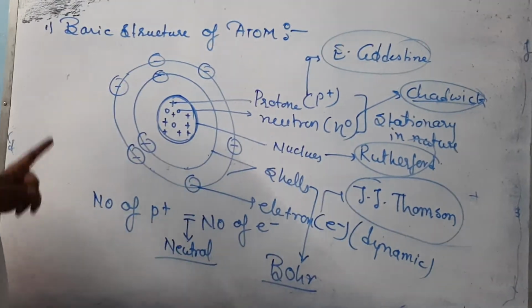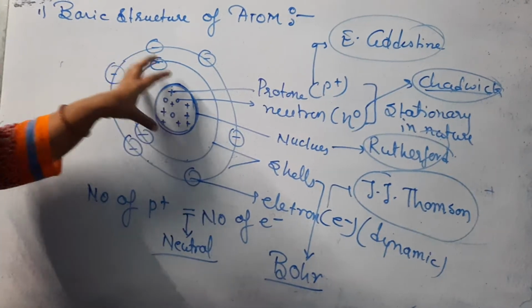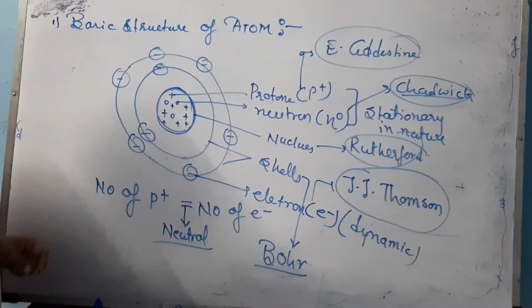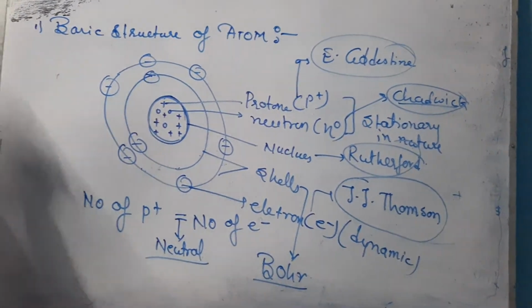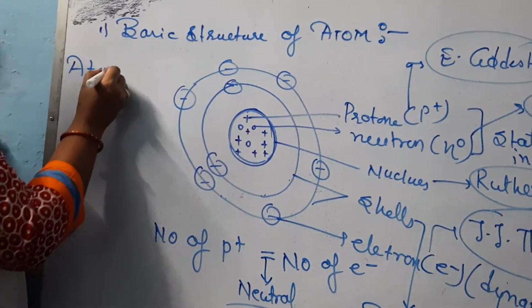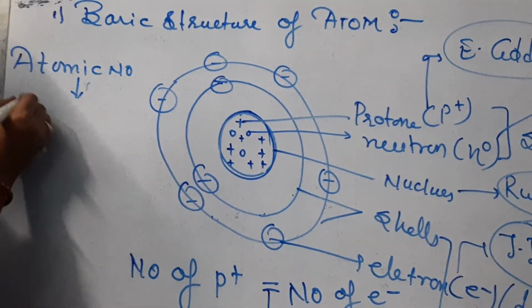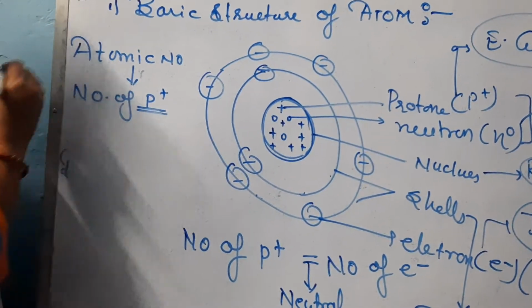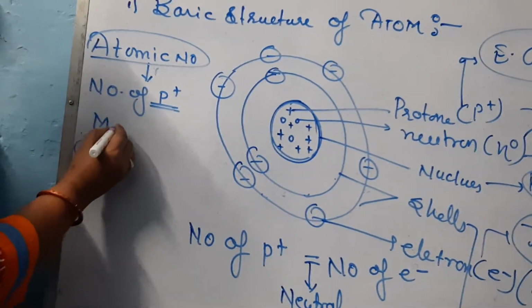Okay, but one more thing, beta: when I talk about the atomic number, what is the meaning of this? Atomic number means number of protons inside the nucleus. यदि मैं atomic number बोल रही हूँ, atomic number means number of protons inside the nucleus, isn't it?